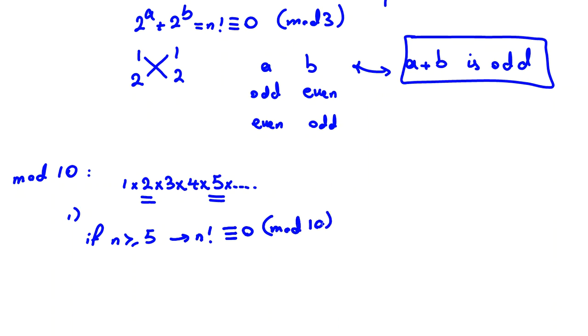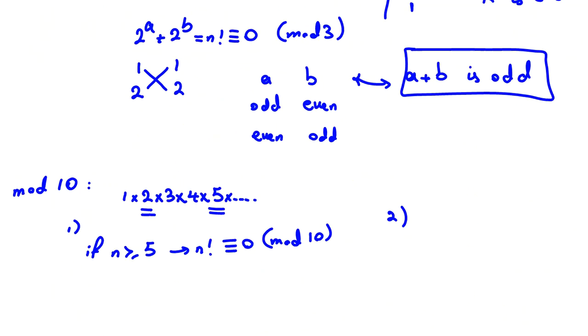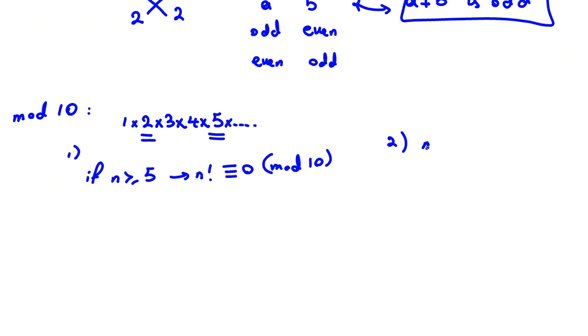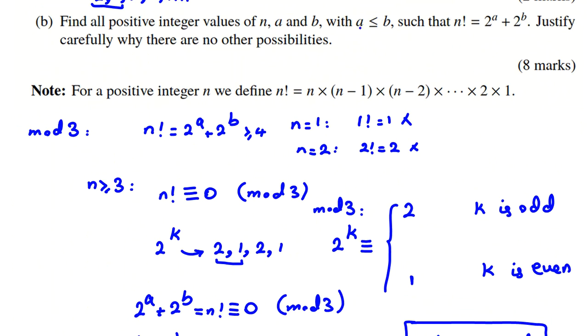Case 2: from the previous case, we proved that n should be at least 3. So we should only check 3 and 4. If n is 3, then 3 factorial is 6, which is 2 to the a plus 2 to the b. The problem says a and b are positive integers with a less than or equal to b.